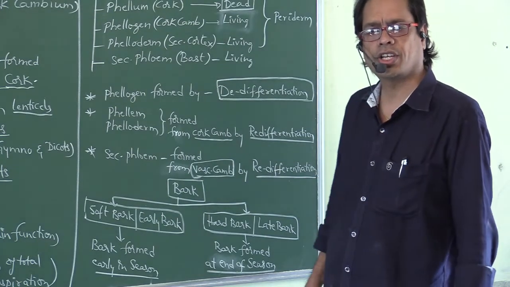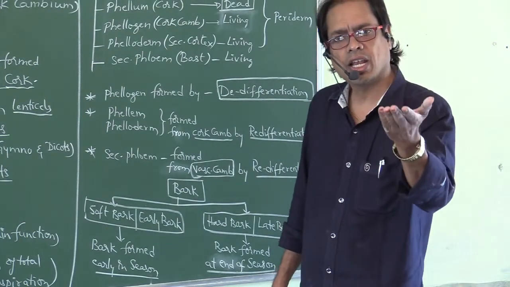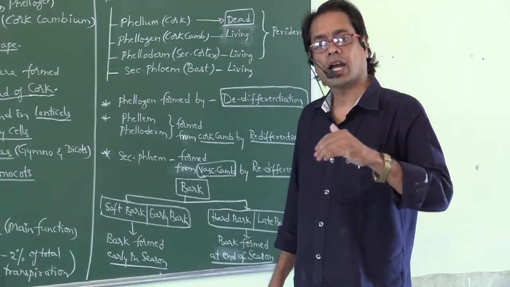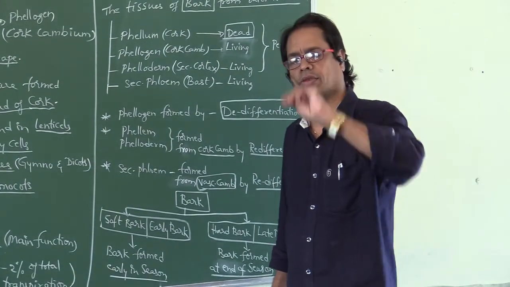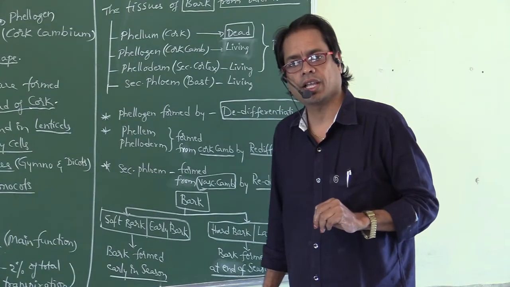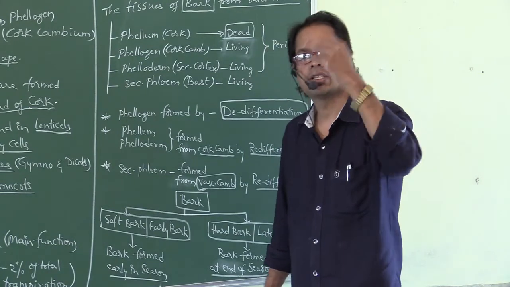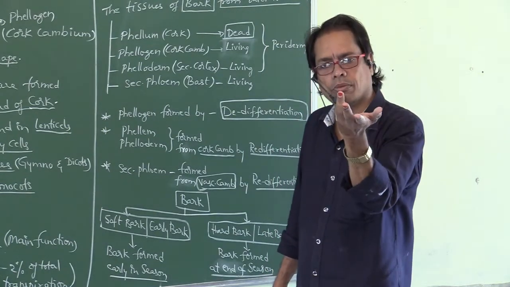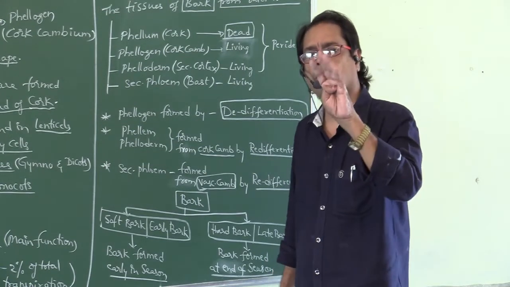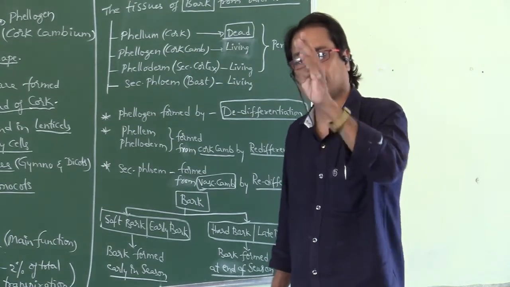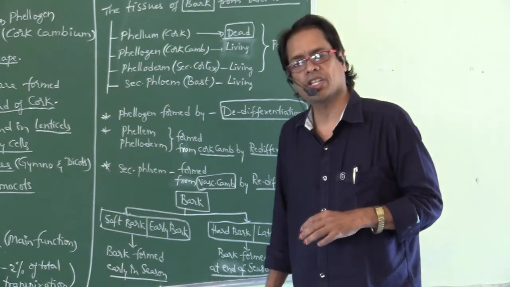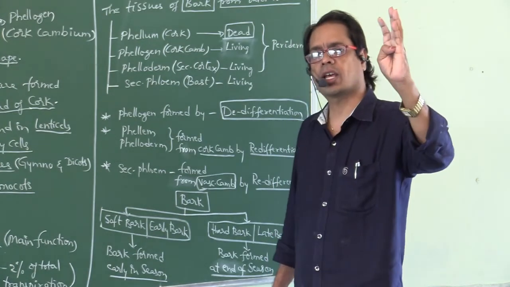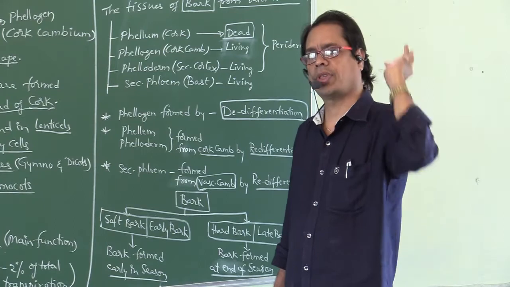Overall, the redifferentiation tissues are secondary xylem, secondary phloem, phellum and phelloderm, total 4. These 4 are the products of redifferentiation. The products of dedifferentiation are intervascular cambium and cork cambium.